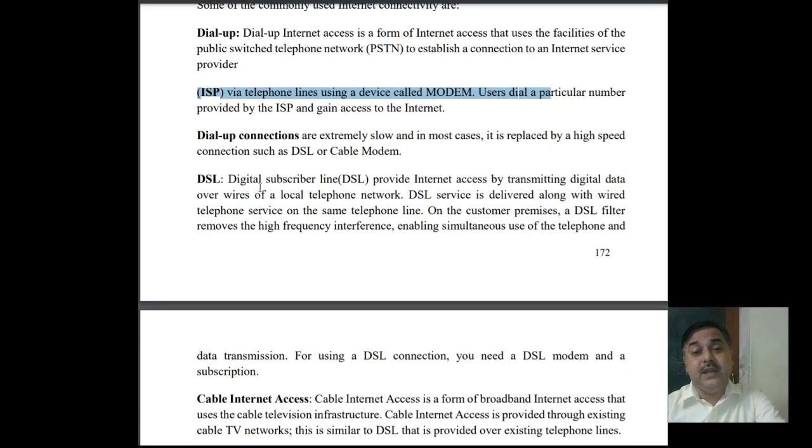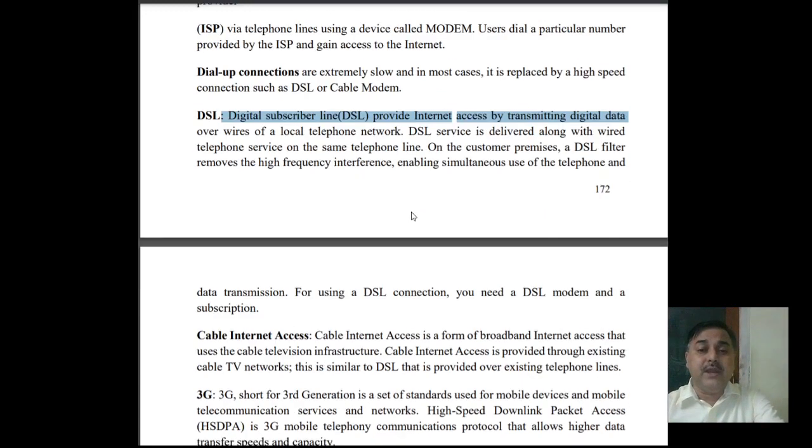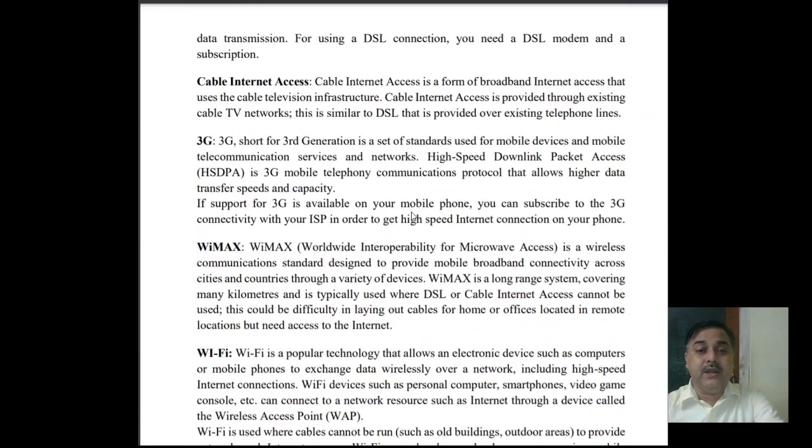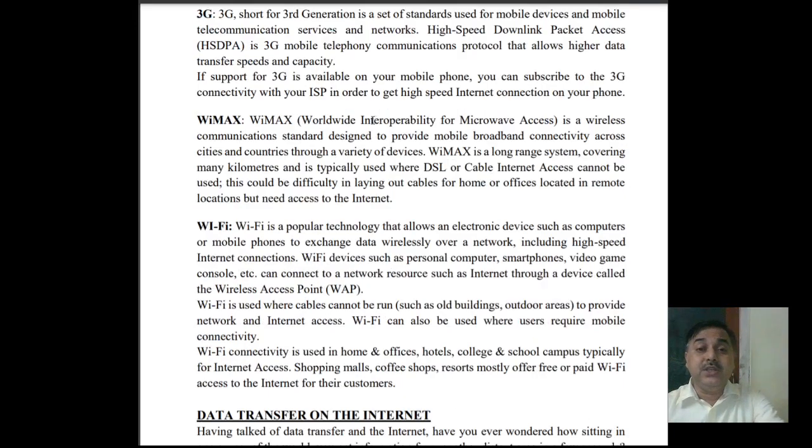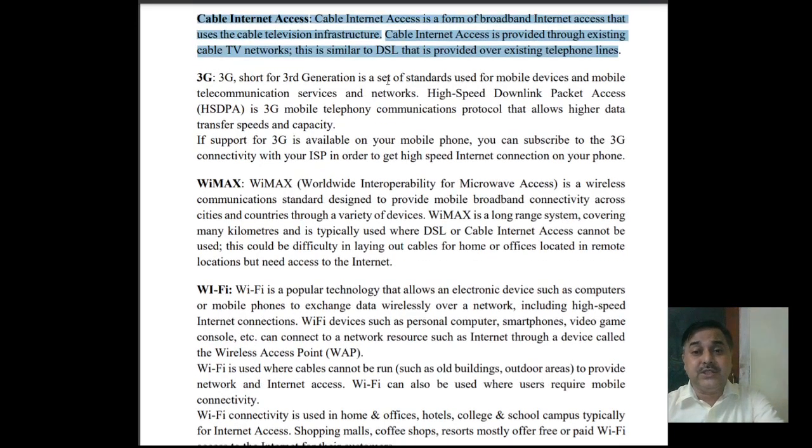DSL means digital subscriber line. That is also an internet transmission through the digital networking system. Those are the frequencies that we find, how we are sending the data and information. Cable internet access: we have TV cable lines, like in many of our homes, a broadband connectivity system with the cable line. 3G is a third generation standard using mobile devices.